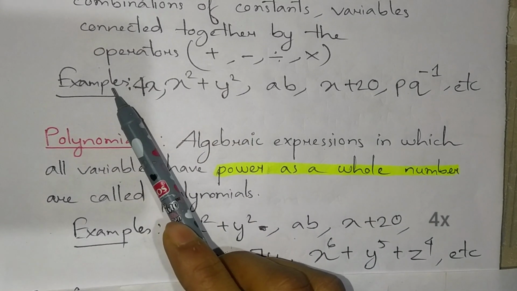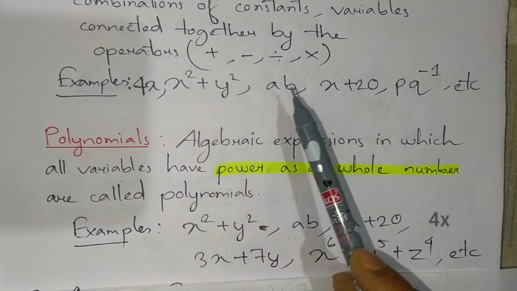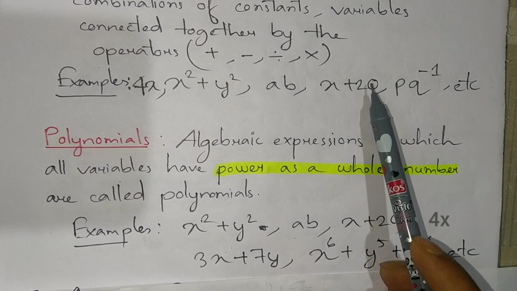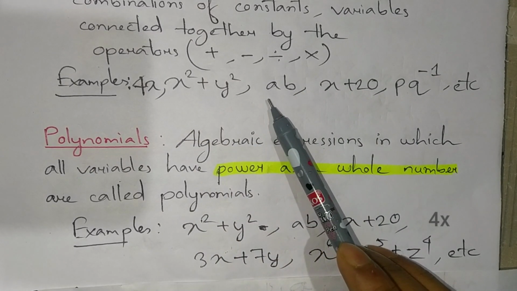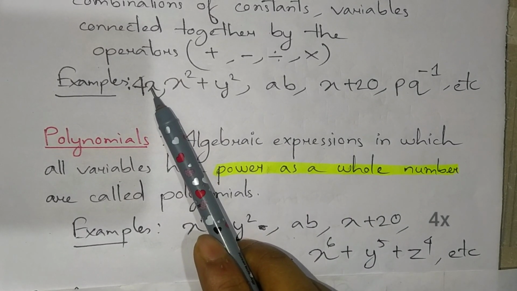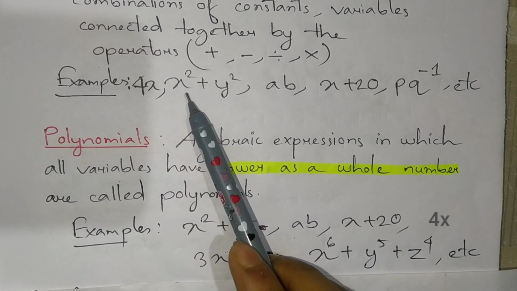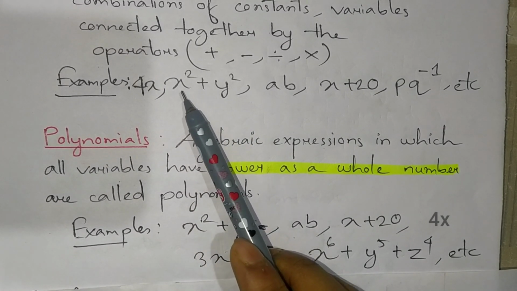So in the examples of algebraic expression, we can see that 4x, x square plus y square, ab and x plus 20 are polynomials because the powers of the variables are whole numbers. In the expression 4x, the power of the variable x is 1. In x square plus y square, the power of the variable x is 2.